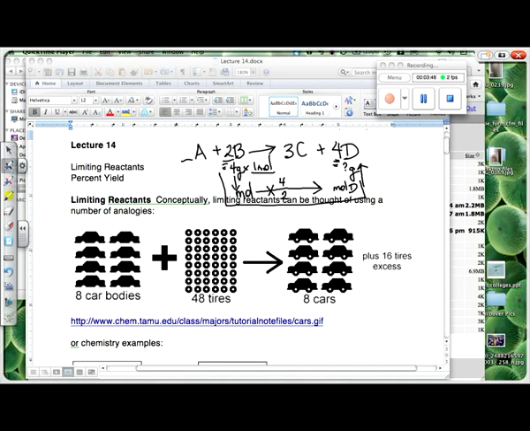I do not use the coefficients on these vertical steps. We didn't before. That's a mole chart step. The only one I'm using the coefficients on is the horizontal step, the moving step. And that is the basics of stoichiometry.